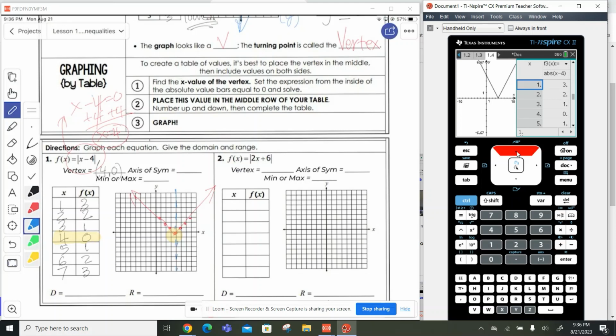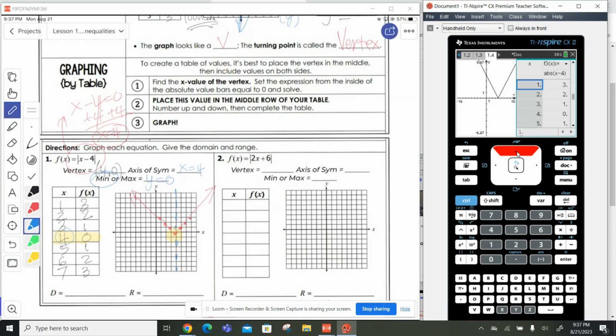Notice that it crosses x equals 4, which is the same thing as the x value of the vertex, so x equals 4. Now, minimum or maximum: is the vertex the lowest point or the highest point? In this case, it's the lowest point. So we say minimum at y equals the y value of the vertex, which is 0.